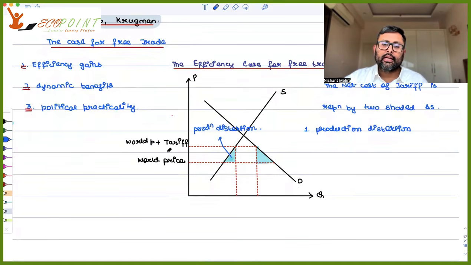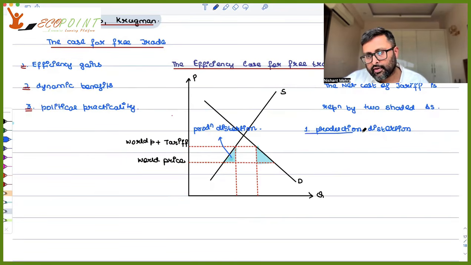I'm trying to say when tariff is being put, domestic producers are going to produce at this price, right? Domestically, if I produce this good, this is going to be produced at this price, while I could have just bought this at this price. So isn't it inefficient, right?